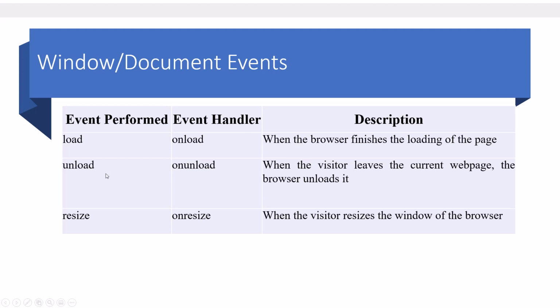For the unload event, we have the onunload event handler, used when the visitor leaves the current web page and the browser unloads it. And the last one is resize. The event handler is onresize, used when the visitor resizes the browser window. So these are the events performed for the window or documents.